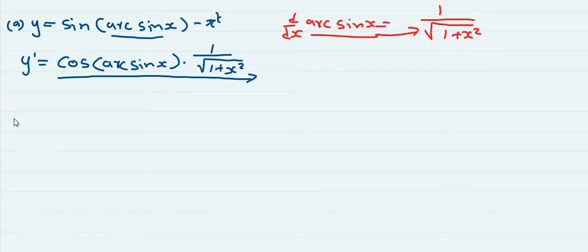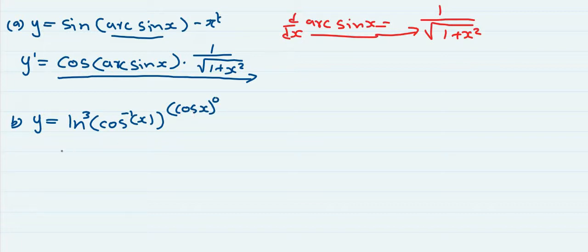Then again, number b. Let y equal the ln of 3 into cos inverse of x, to the exponent 0.